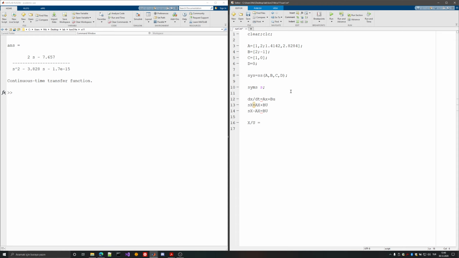The transfer function between u and x basically is, since x should be left alone, I need to take the inverse. Since I'm using matrices, the order of the inverse is actually important. So let me arrange this.